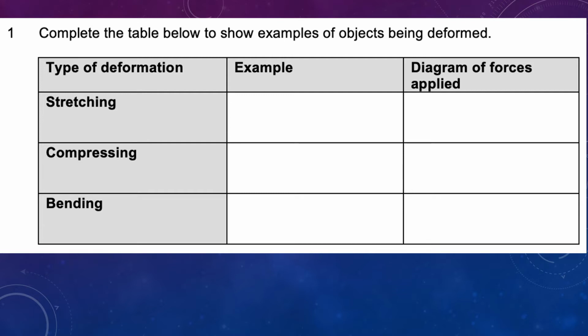But what we're going to do is explain in words what's happening in the diagrams that we draw on the right side of this chart. So go ahead and pause the video. I would recommend starting with the diagrams first with the forces and then describing those forces in the example column. All right, so pause the video really quick and do that.